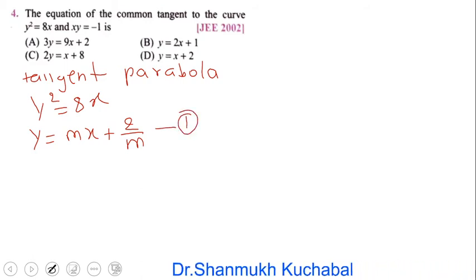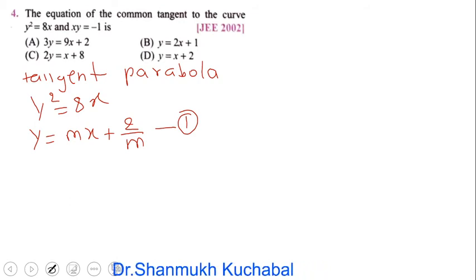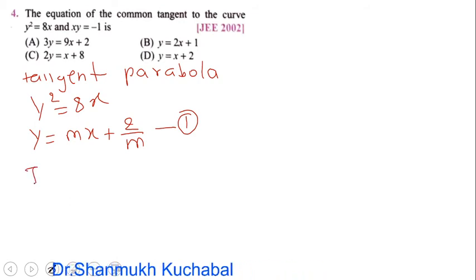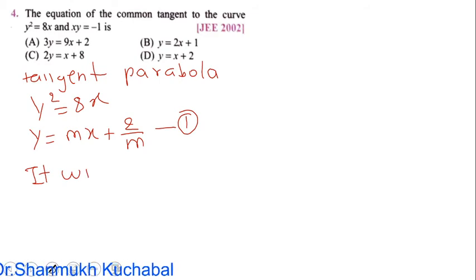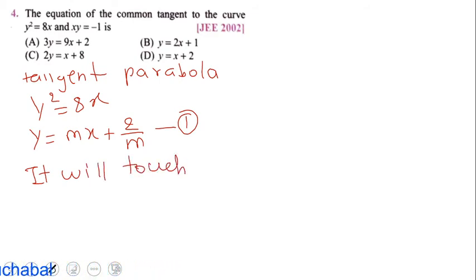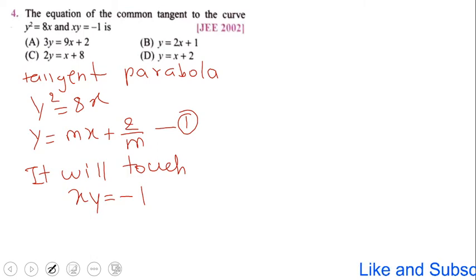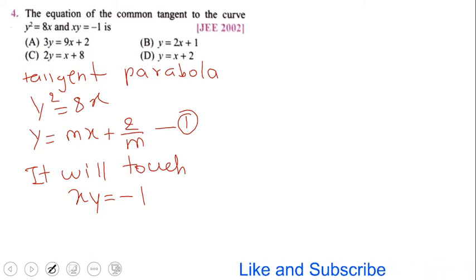It is given that it will touch the equation xy equal to minus 1. That means they have equal roots, since the point of contact is the same.